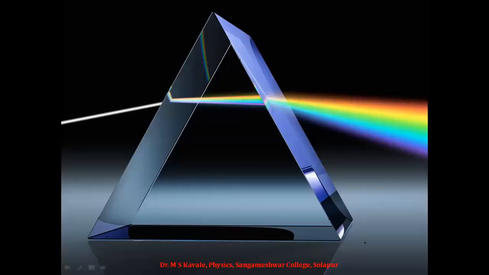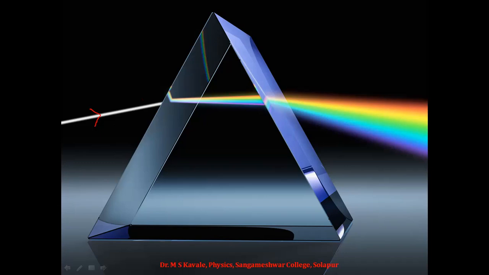Okay. So this is a photograph of a transparent prism, taken from Google as one of the sources of learning. Here, white light is incident from the left-hand side of the prism, and inside the prism we can observe the dispersion of the color.